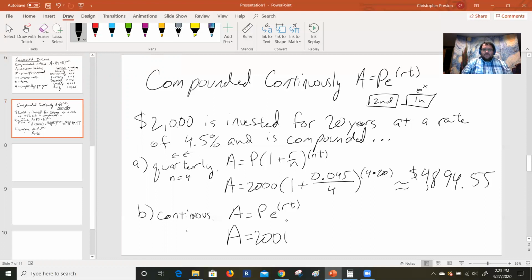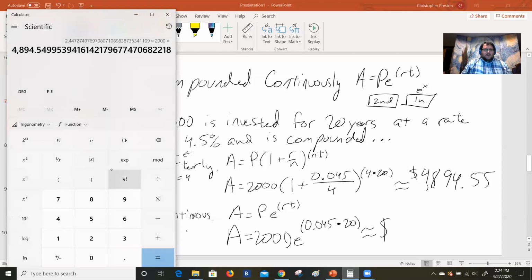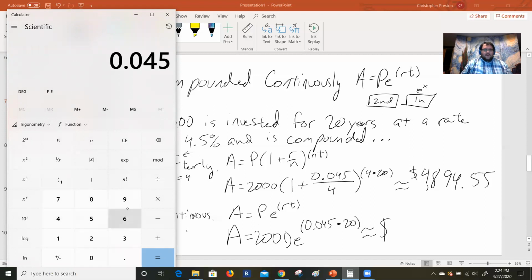So let's put our numbers in here, and we'll do a calculation. Again, rate is 0.045, our time is 20 years. Okay, let's put that in our calculator. Again, this calculator does things a little different. I'm going to have to do the exponent first, and then I'm going to do the e. So parenthesis 0.045 times 20, close that up.